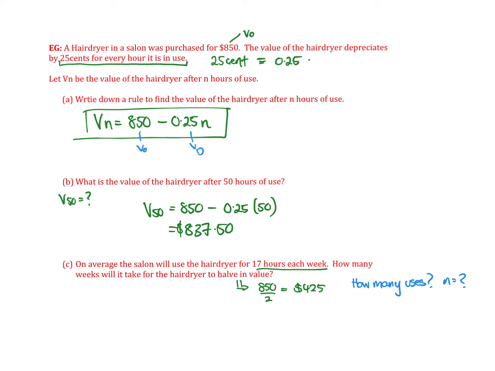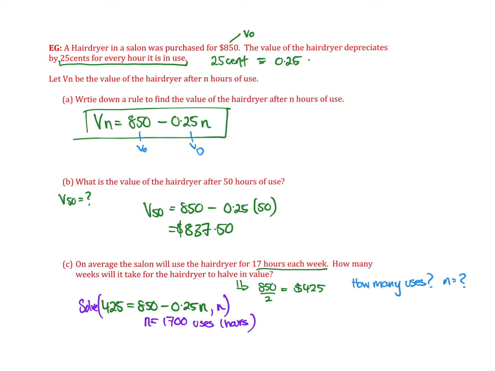So let's use our nth term formula. I want to know when it's going to be valued at 425. I'm using the nth term formula here, and N is what I don't know. We'll do solve. This is going to tell me how many hours it's going to be. Okay, so it's 1,700 uses or hours, but the question was how many weeks.